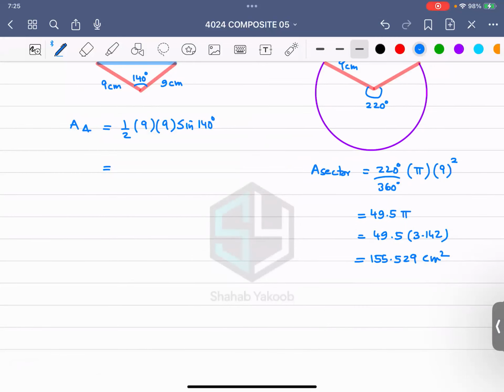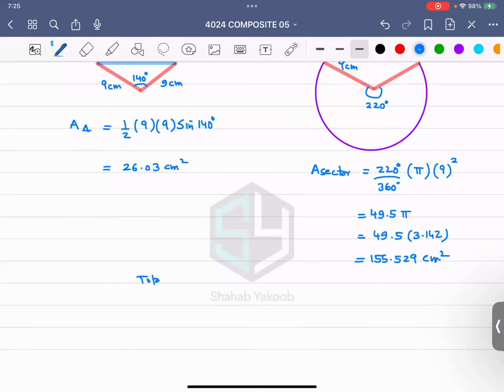And for the triangle, let me calculate sine of 140, multiplying it with 81, multiplying it with 0.5. This comes out to be 26.03 centimeters square.